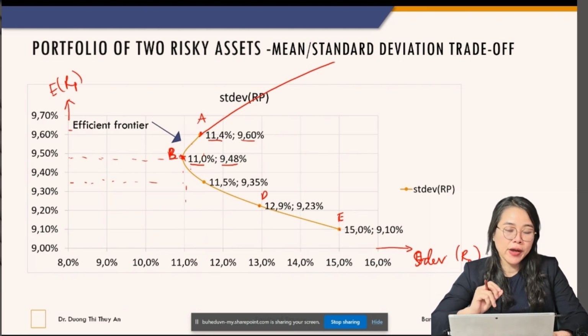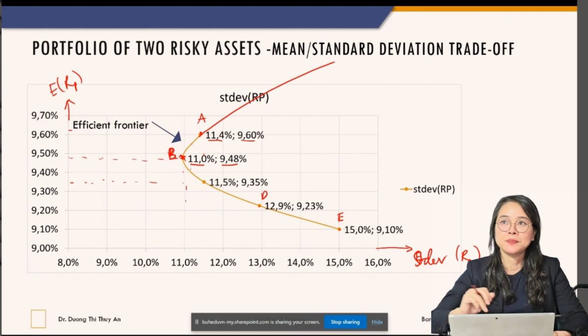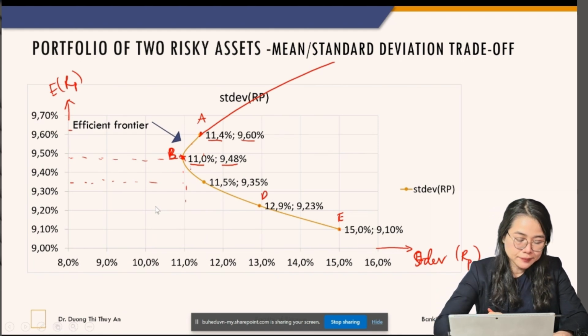We can always find another combination that has the same risk with higher return, or the same return but lower risk. So all the choices below B we don't choose.